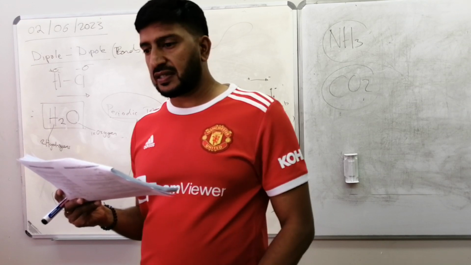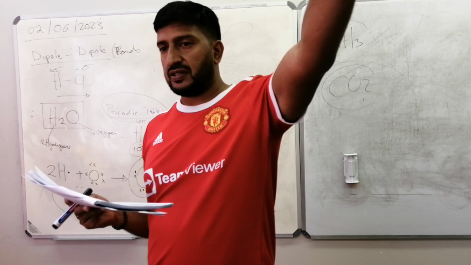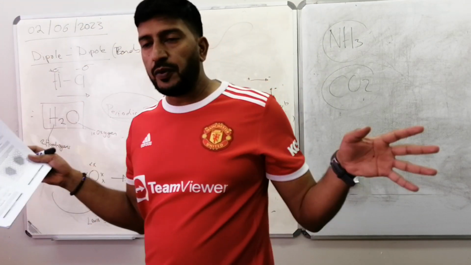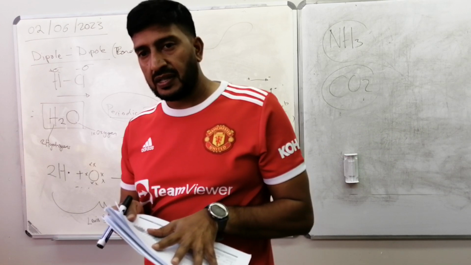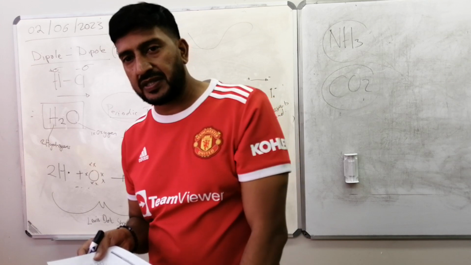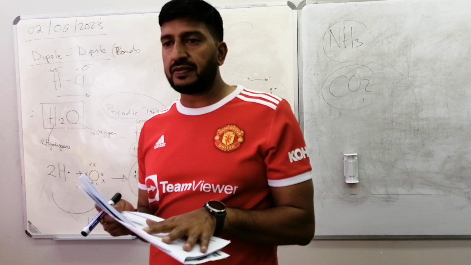No. 2, 4, 6. So one satisfies the octet rule and the other doesn't. If we put them together, what happens? They bond together, and then they satisfy the octet rule.